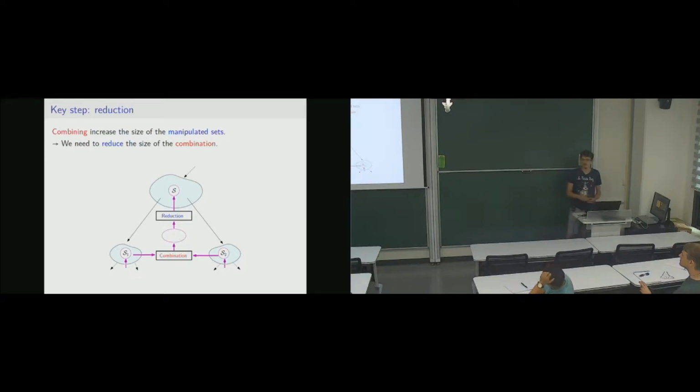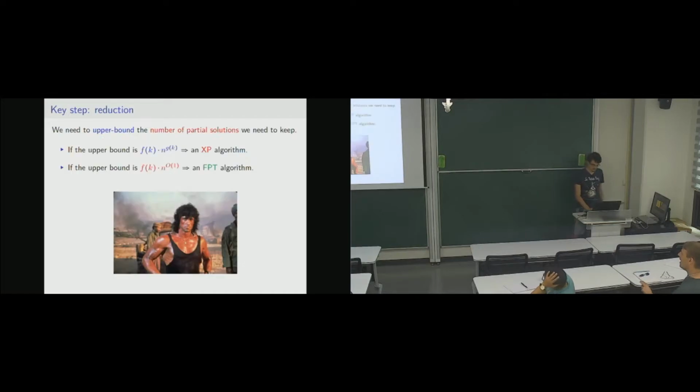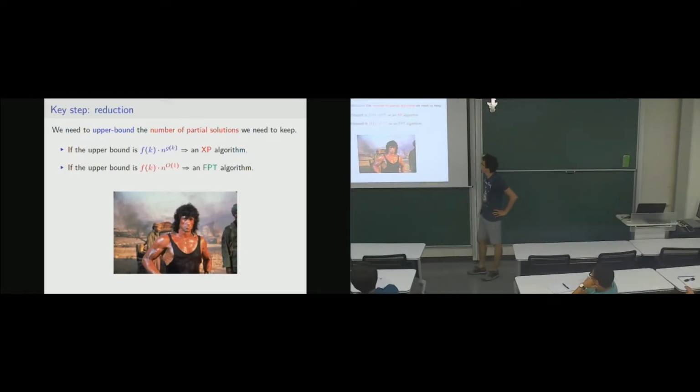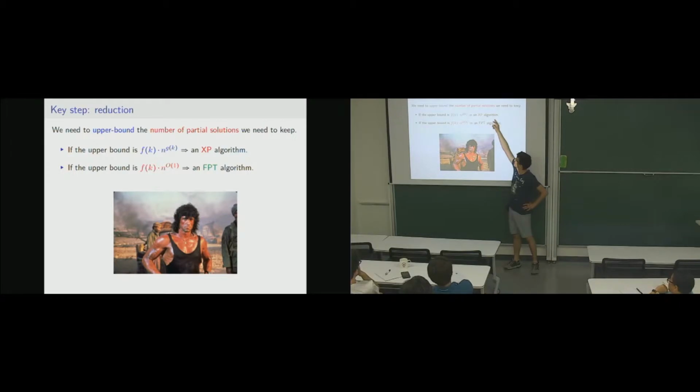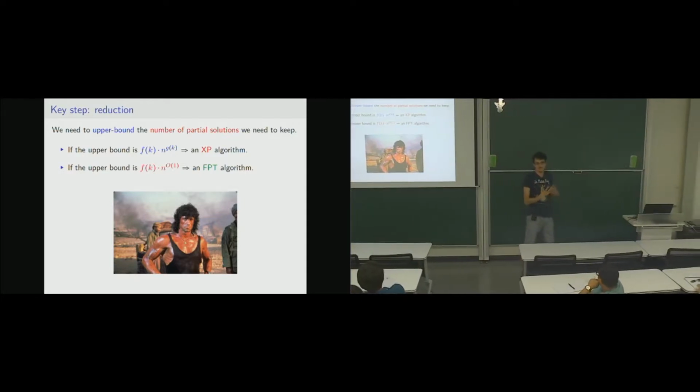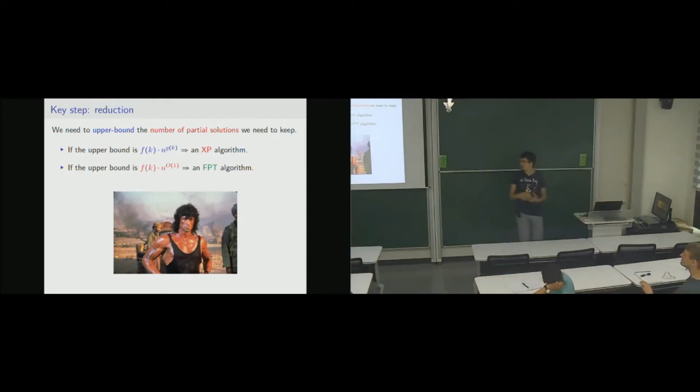You want to prove that it is enough to keep just this number of solutions. So you have to prove that there is an upper bound on the number of partial solutions you need to keep at each step. If it is something like that, you get an XP algorithm, and if it is something like that, you get an FPT algorithm. This is the tough part when you design algorithms for these width measures, and this is why there is a rainbow here.